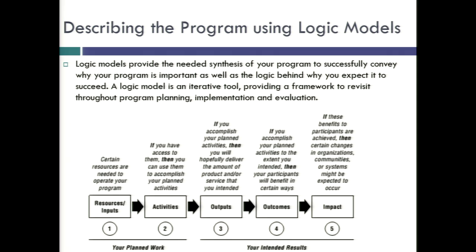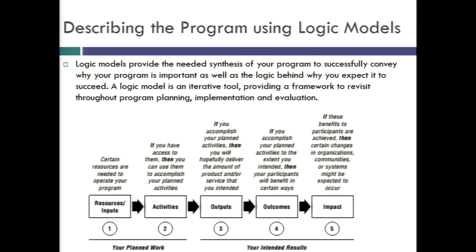Some of the early parts of the logic model are about your planned work in the program, so what resources you have available, and then how you're going to use them to implement certain activities. And then your intended results are your outputs. So what will you deliver, and by how much?